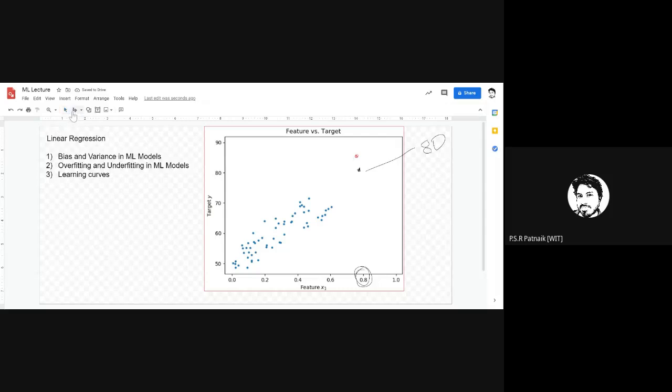Now when my machine learning model has guessed this value, let us suppose it has guessed it as 85. What is the difference you see here? The real expected value is 80, but your ML model, which learned some pattern on these data points, has guessed a value 85 for x1 equal to 0.8.